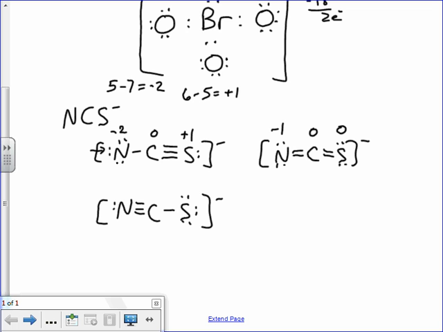Then the next one over here, we've got nitrogen with a formal charge of 0. Can we see that? Okay. Carbon has a formal charge of 0 still. Sulfur has a formal charge of -1.